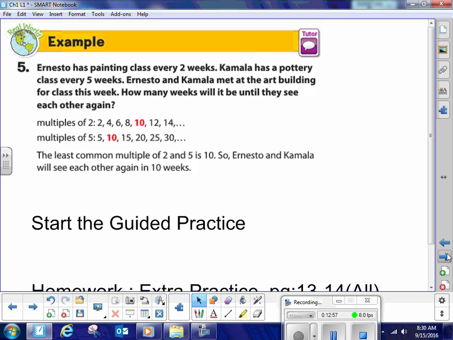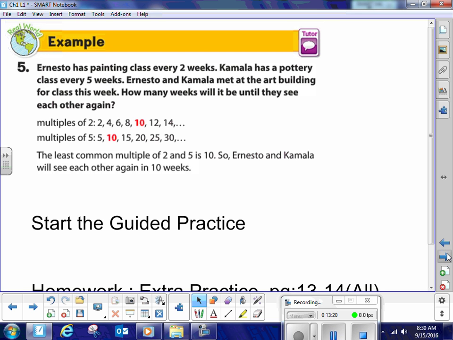Okay, this is a great example of a least common multiple problem that you could actually work with. You see somebody every X number of days. You know you last saw them on this day. When will you see them again? So they do the multiples, which is fine, because if you do it my way, 2 and 5 are prime.